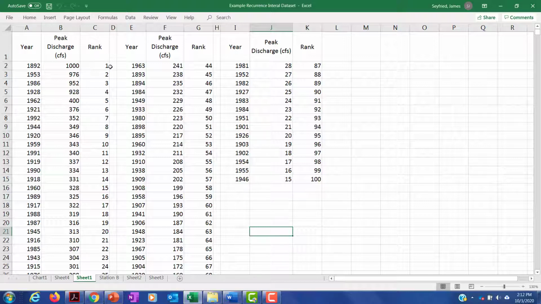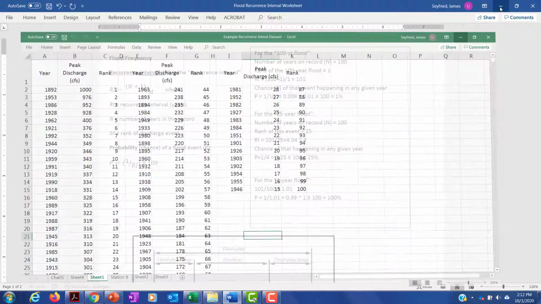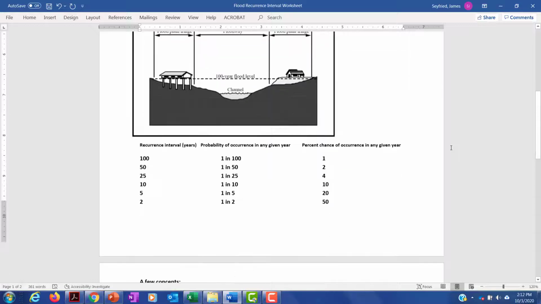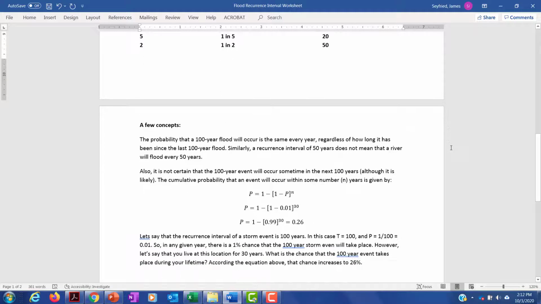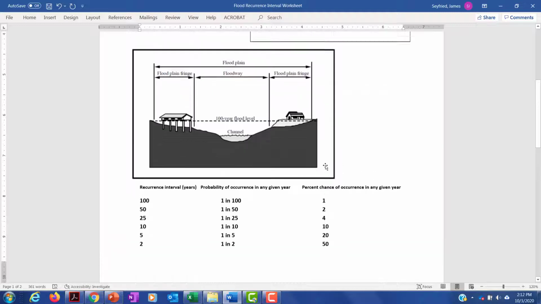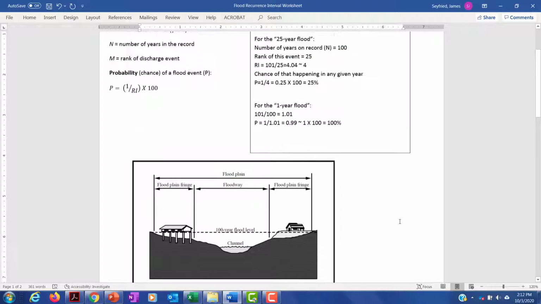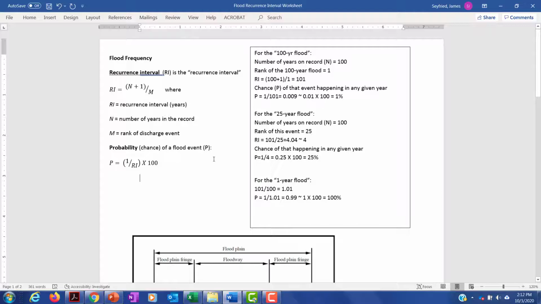The highest ranked event occurs much less often. And that is what's meant by the 100-year flood. So I want you to know these terms and these concepts, but not the formulas. So I hope that's making sense about recurrence interval and probability and percent chance.